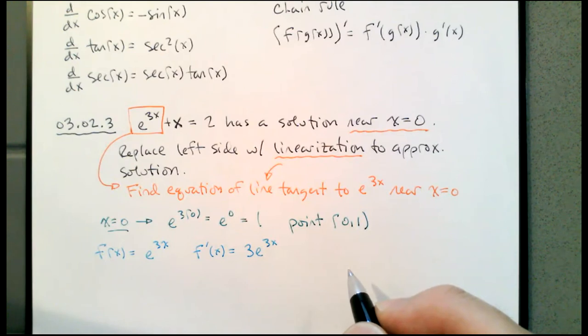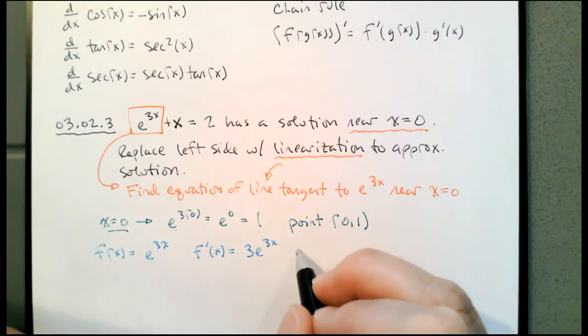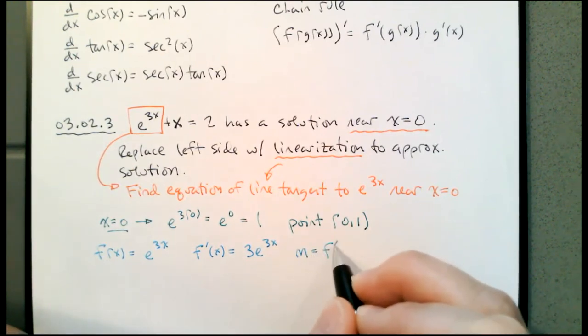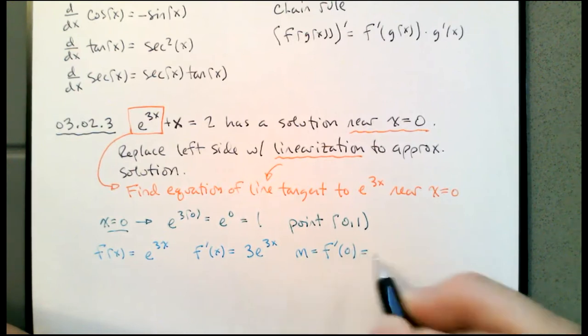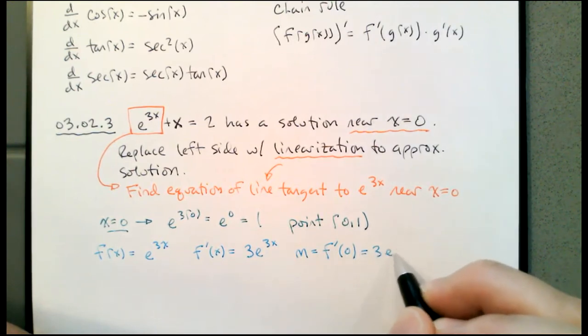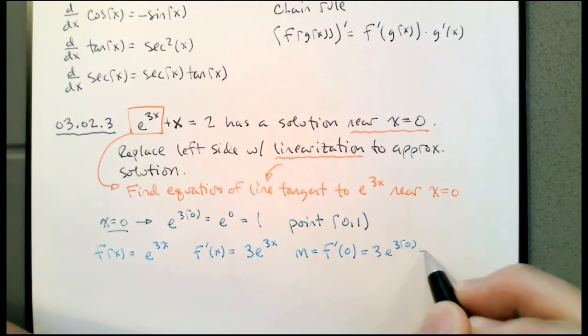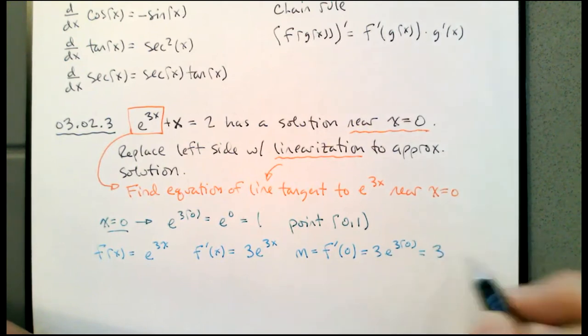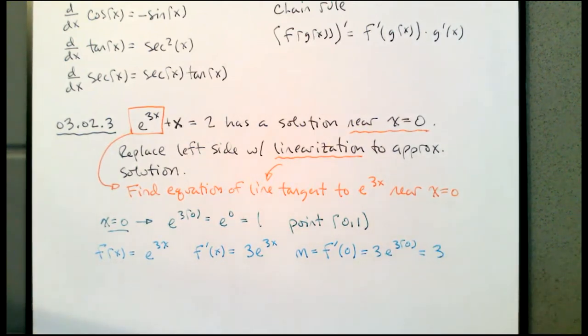The slope of the line will be the derivative evaluated at 0. So that'll be 3e to the 3 times 0, which is 3. So now I have a point, (0, 1), and a slope, 3.